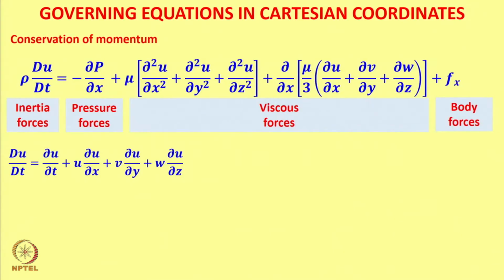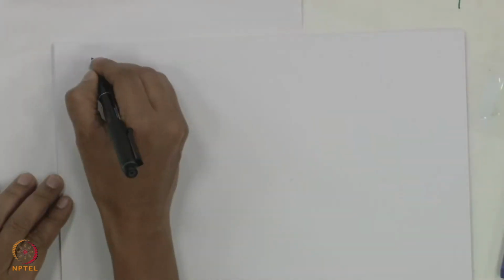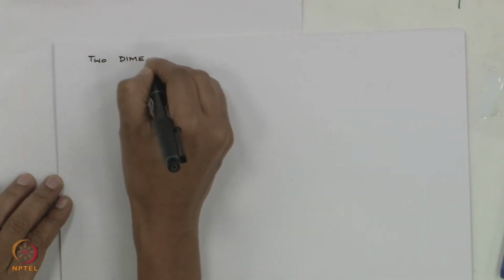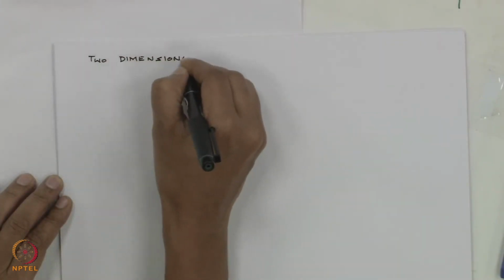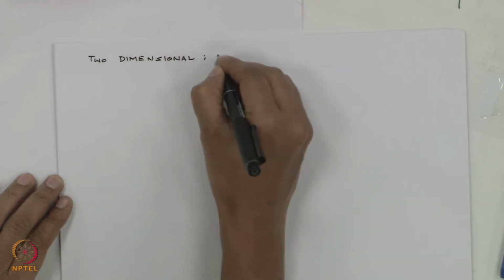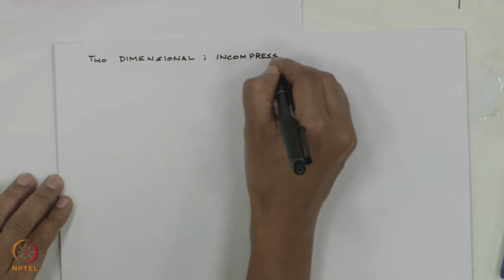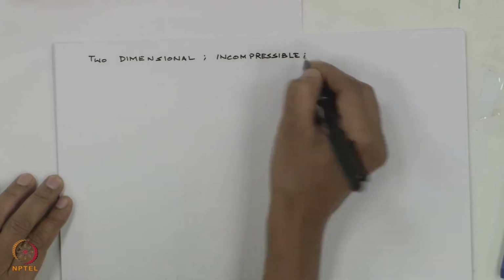Now, if I take the momentum equation, what I am trying to do is understand this and reduce it to two-dimensional, incompressible, steady flows.